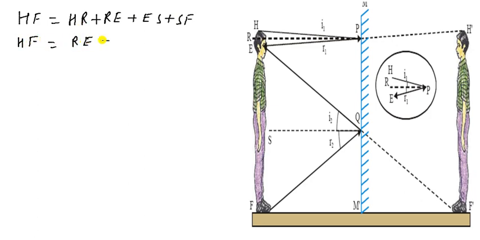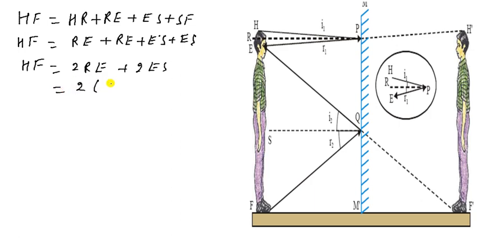HF is equal to HR plus RE plus ES plus SF. With the help of equation first and second, HR is equal to RE, so RE plus RE, and SF is also equal to ES.